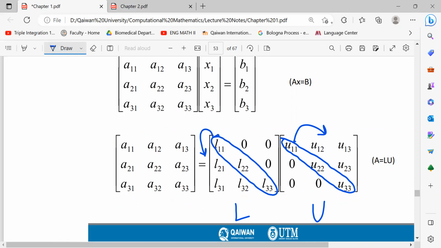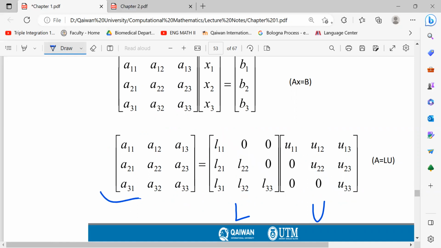But here, you should know what are the positions of the elements of these matrices. Look at matrix A. In matrix A, the first element here is A11, which is the first element in the first row. It's in row 1 and column 1. That's why we say A11.